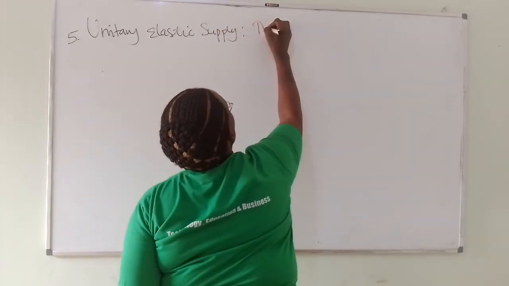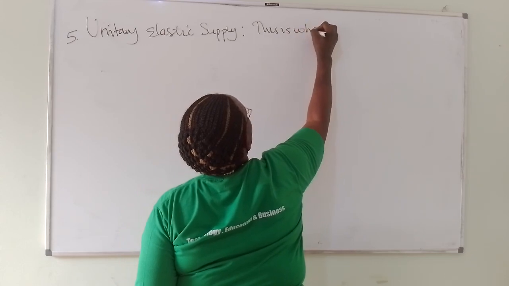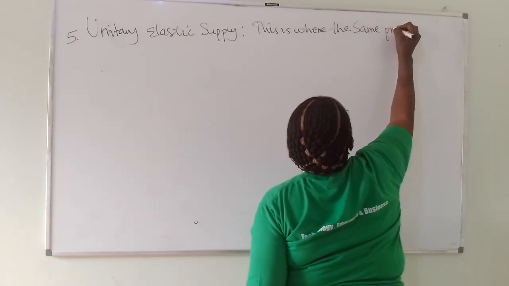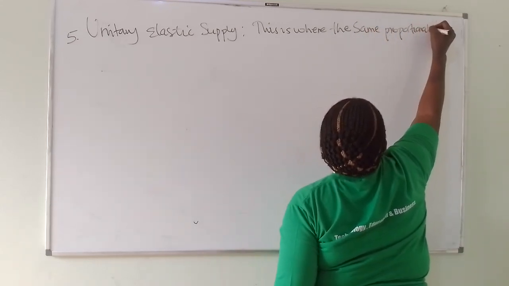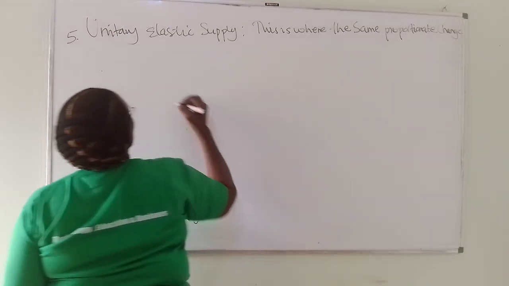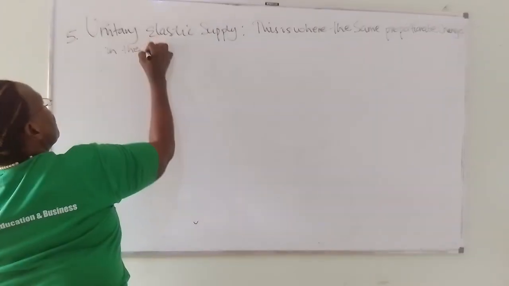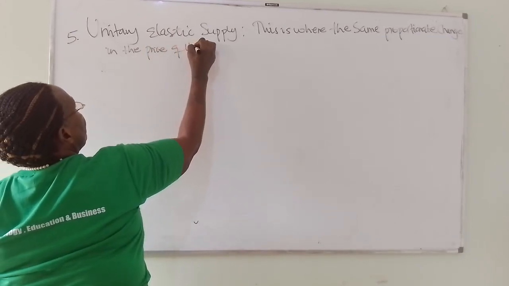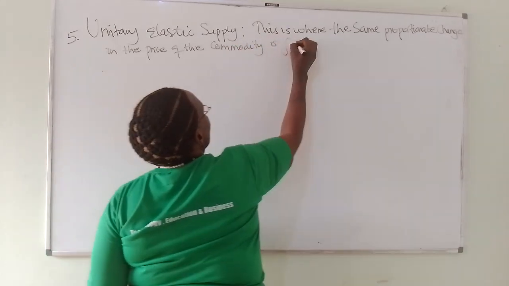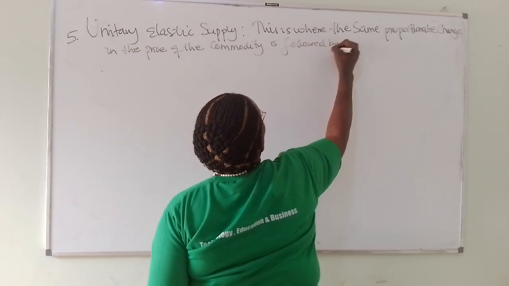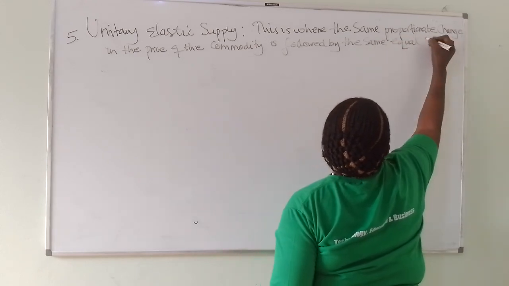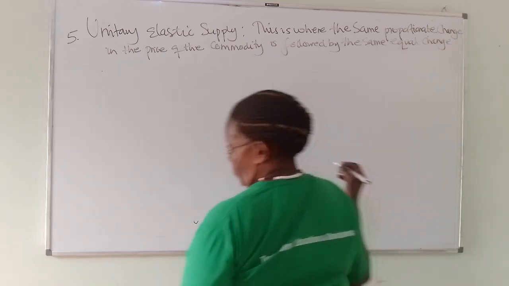And this is where the same proportionate change in the price of the commodity is followed by the same, equal change in quantity supplied.